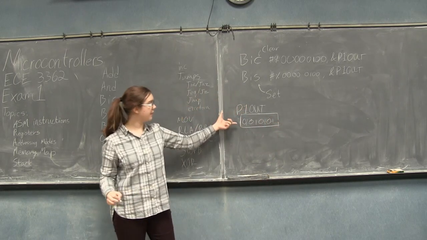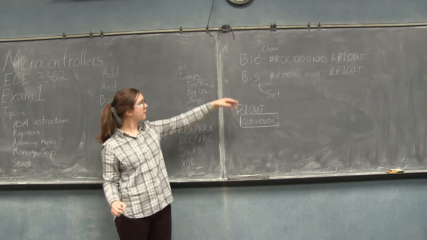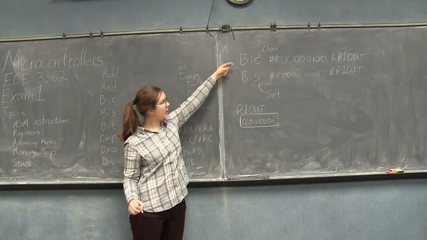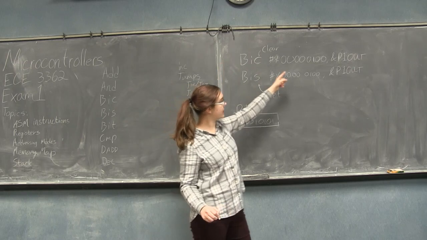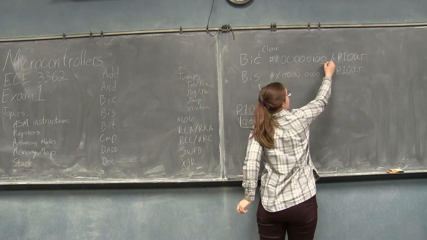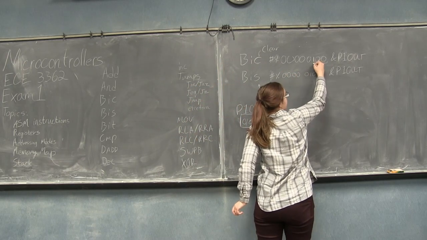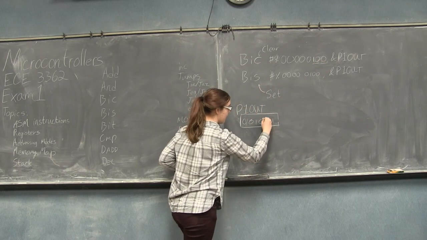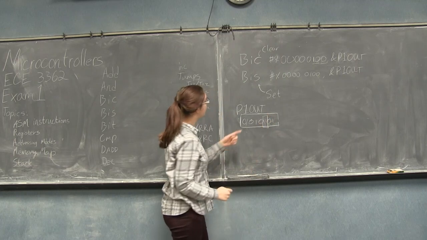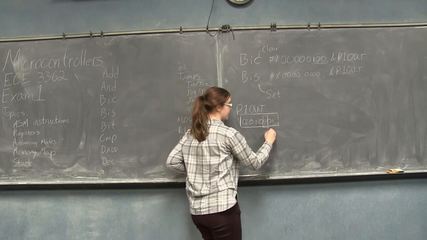So we have some value in the P1 output register. After this line executes, what it does is it looks at this bit, selects this bit and forces it to be a 0.